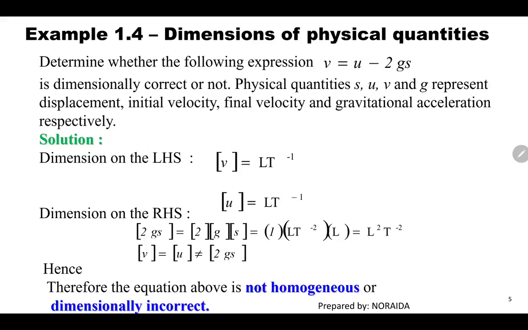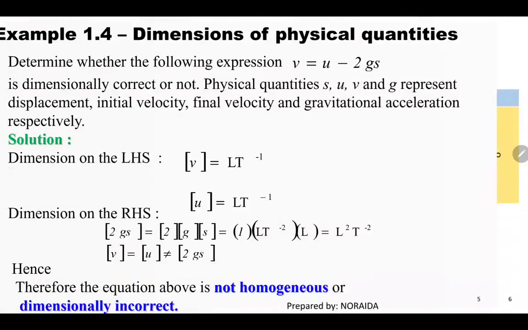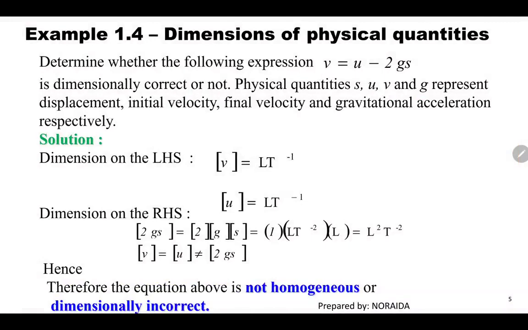Dimension on the left-hand side, which is dimension of final velocity, is equal to LT to the power of -1. Dimension on the right-hand side, which is dimension of initial velocity U, is equal to LT to the power of -1. Dimension of 2 is 1.